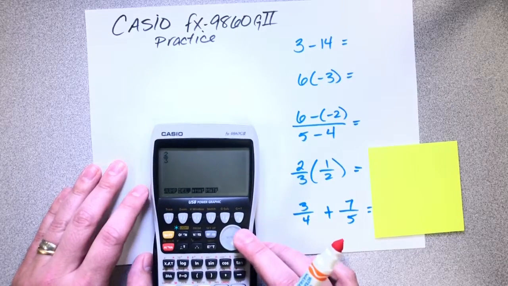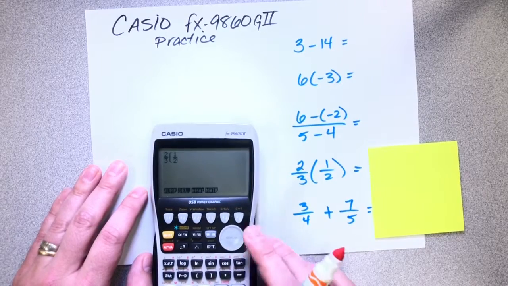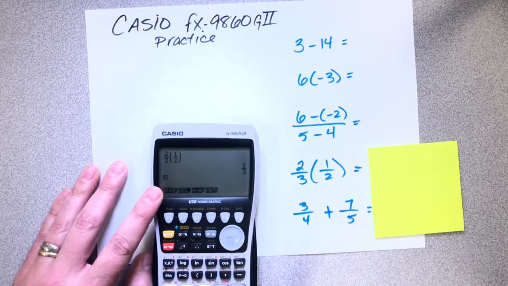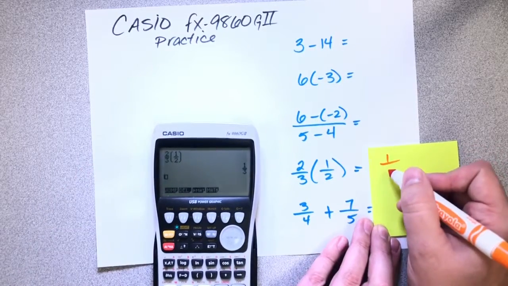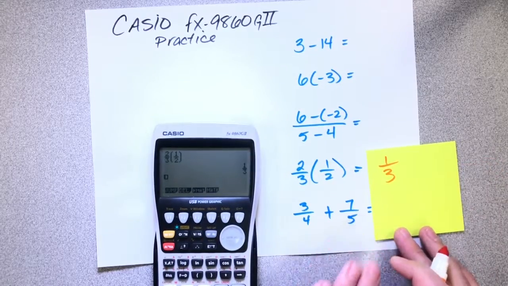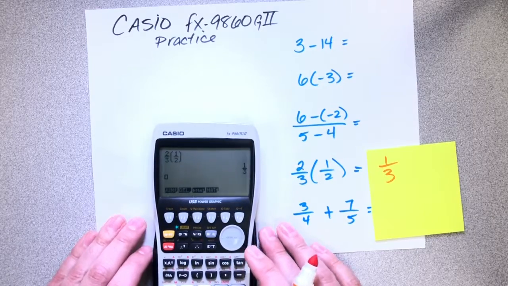You'll need to navigate to the right in order to get the parentheses to do the next fraction, which is 1 over 2. And then you'll need to close the parentheses. Now that they look the same, boom, it automatically reduces that fraction for you. Remember how we got 2/6? 2/6 reduces to 1/3.